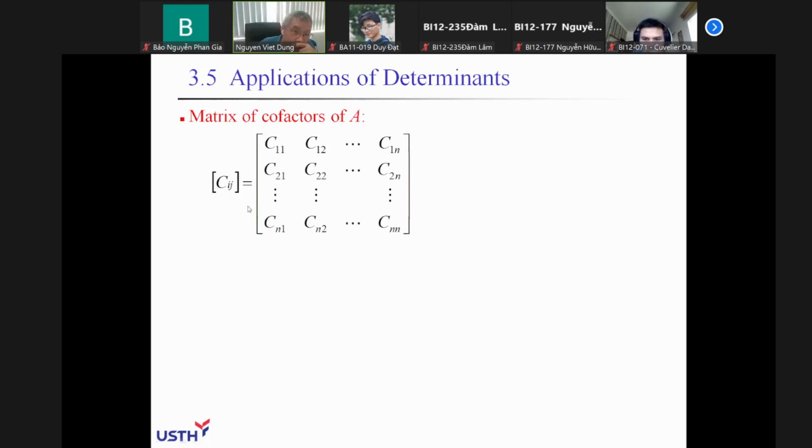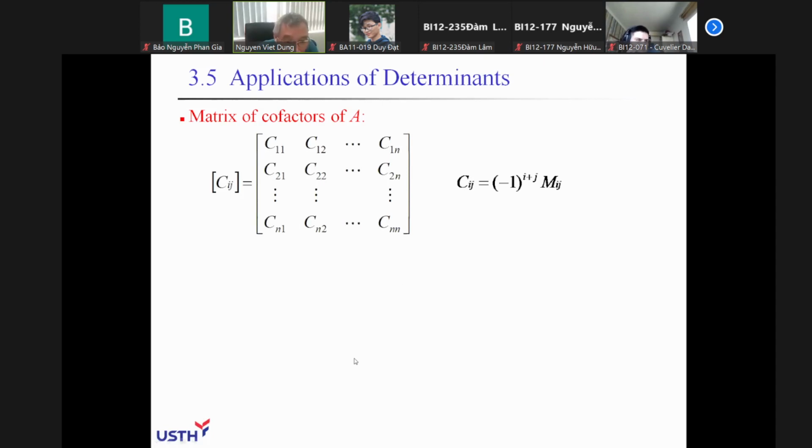Then we have the so-called matrix of cofactor. So what is the cofactor? I recall for you. The cofactor Cij is that one, where Mij is the minor corresponding to the Aij entry.